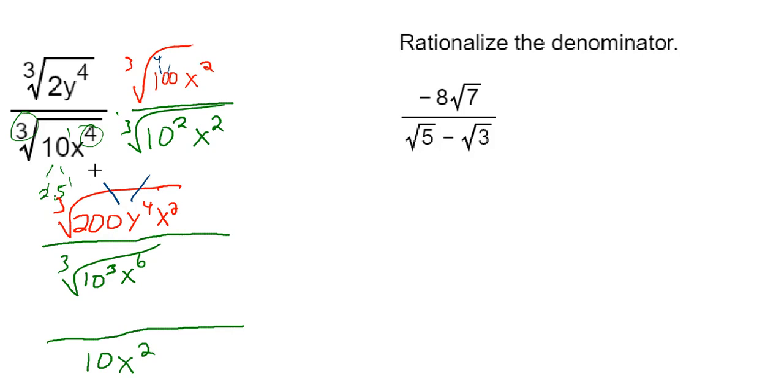So we can split the 200 up as 8 and 25, right? Because we can take the cube root of 8. If 8 didn't work, we would try 27. If 27 didn't work, we would try 64, right? With y, because there's more than 3 powers of y, we can actually get some y's out of this, right? So we'll put 3 powers of y in the good pile. So this is what we did back in 6.3.